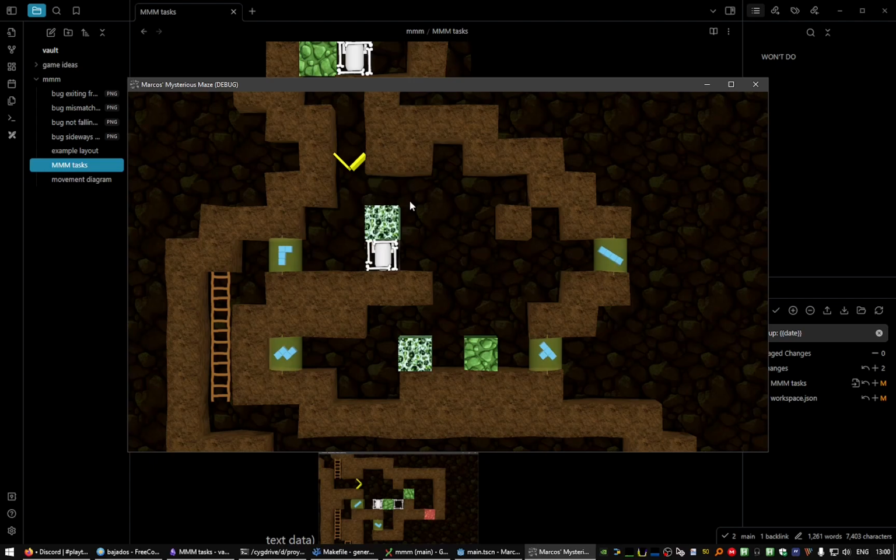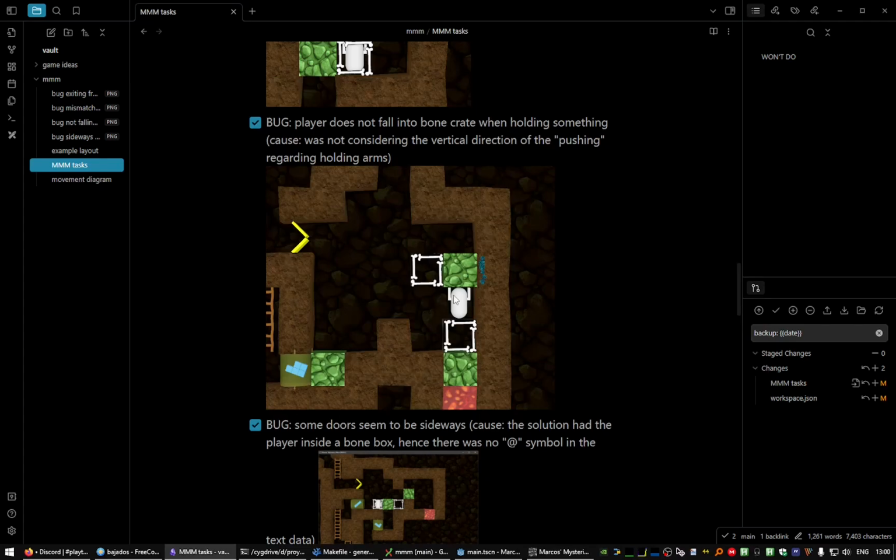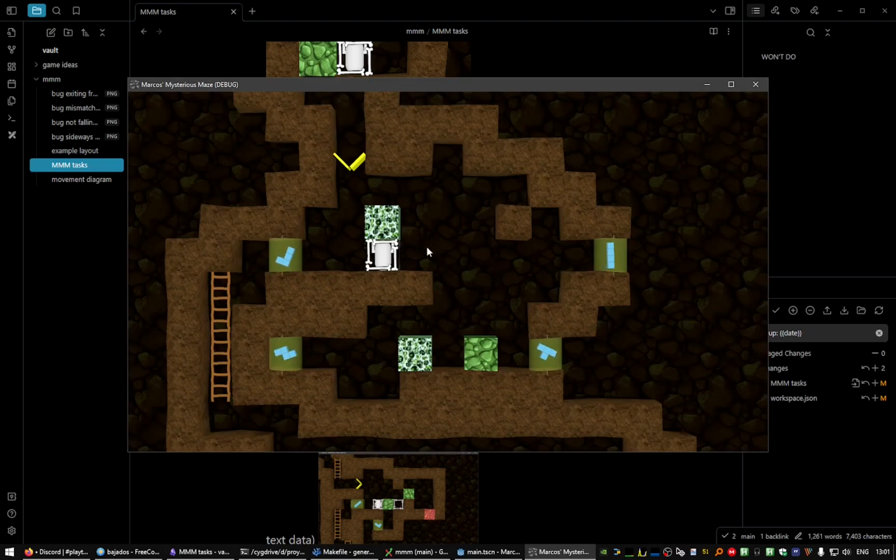But I fixed it, and interestingly, the fix for the previous bug was the one that caused this bug, because obviously I was not distinguishing, I was not considering the vertical direction when I was holding something.